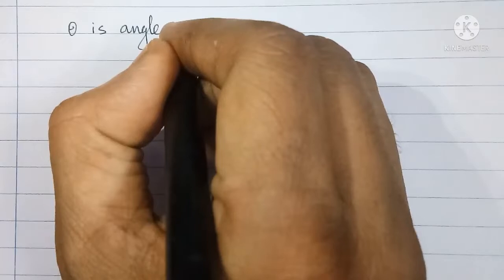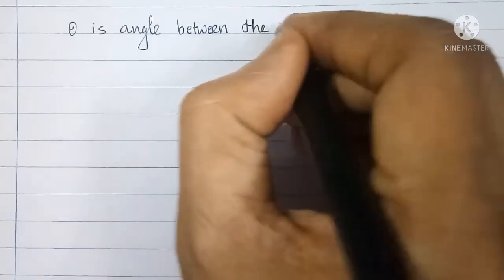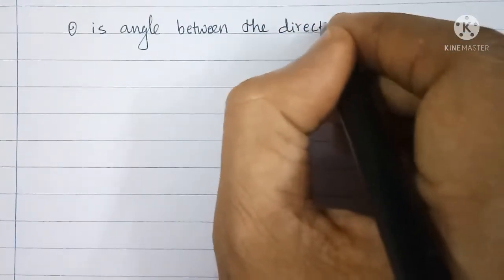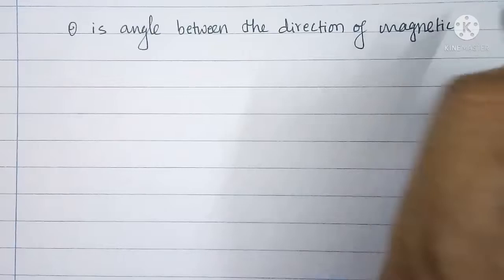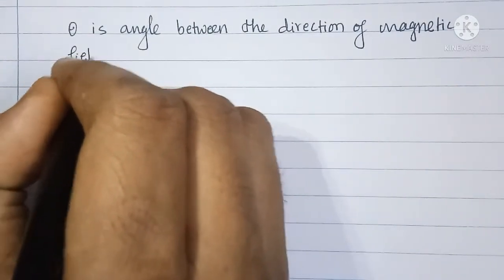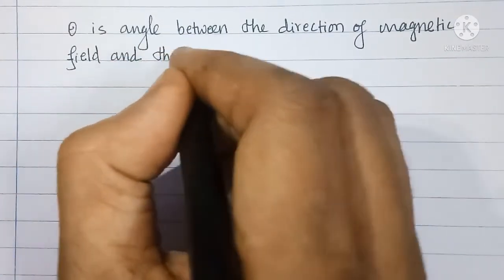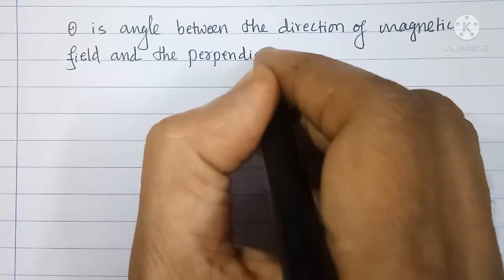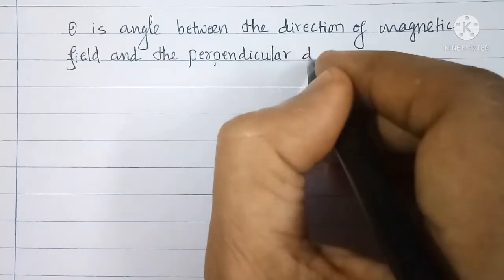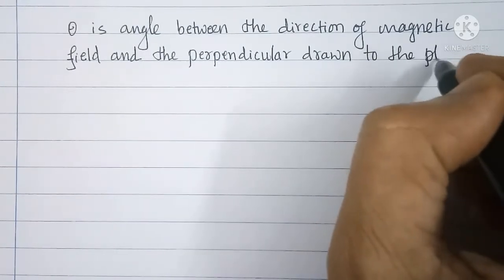Theta is angle between the direction of magnetic field and the perpendicular drawn to the plane of coil.